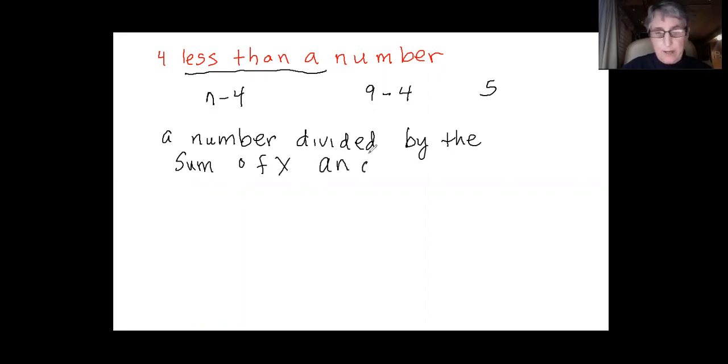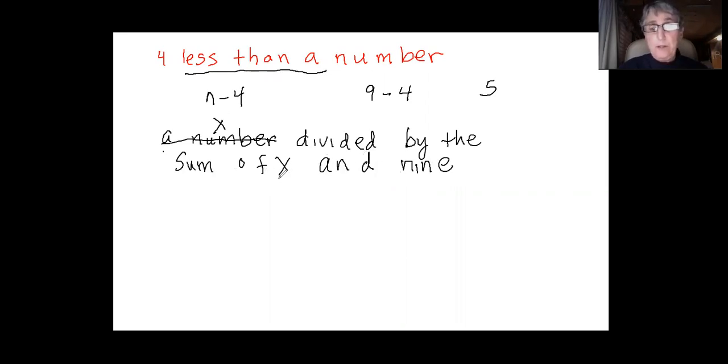Actually, the number is x, so I could have begun with just x instead of a number. So this number is just x. X divided by the sum of x and 9.